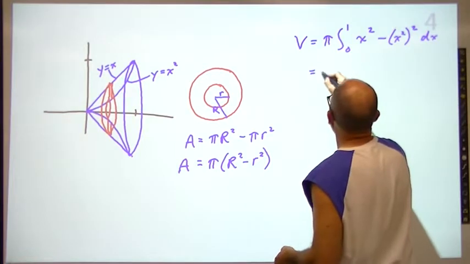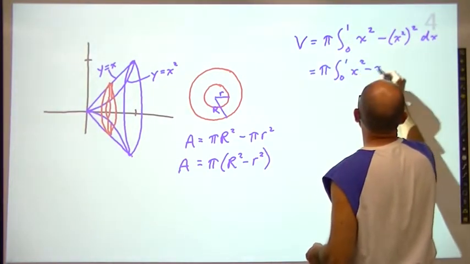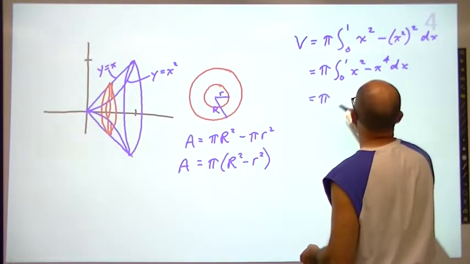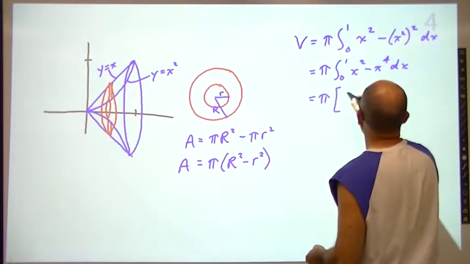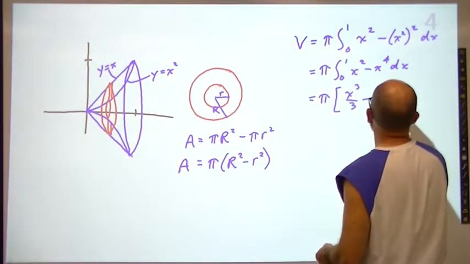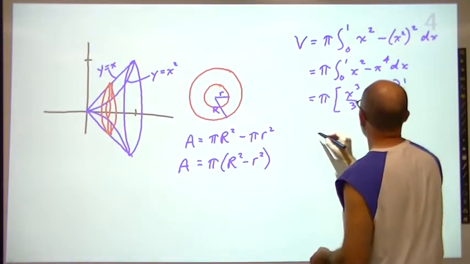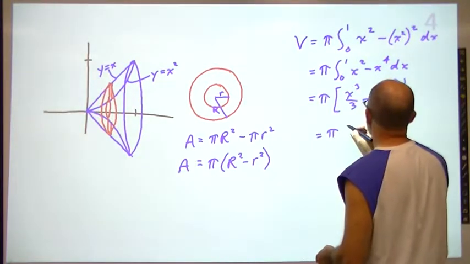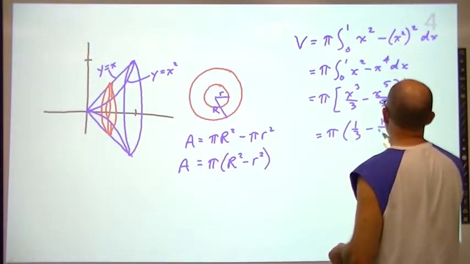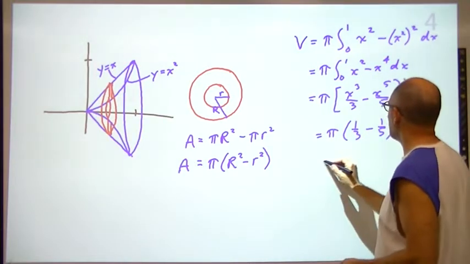So we've got pi times the integral from 0 to 1 of x squared minus x to the 4th dx. And that means we go pi times x cubed over 3 minus x to the 5th over 5 from 0 to 1. That means we've got pi times 1/3 minus 1/5. And the 0 will make zeros.